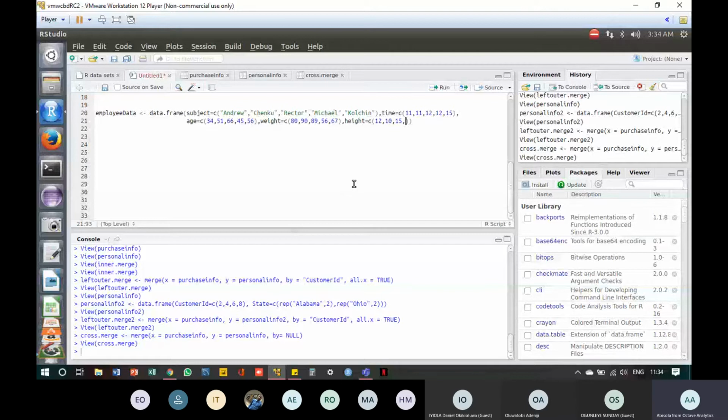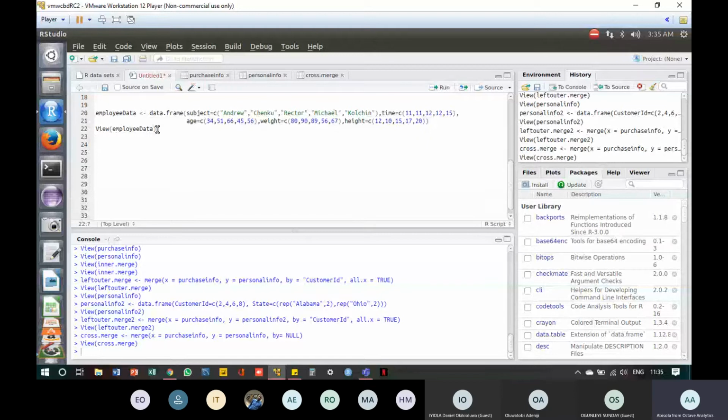So these are employee data. Okay, so this is employee data.